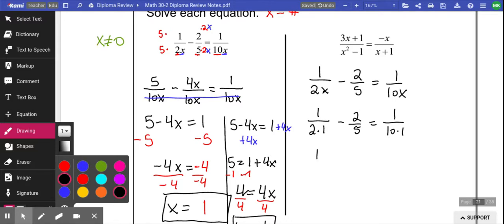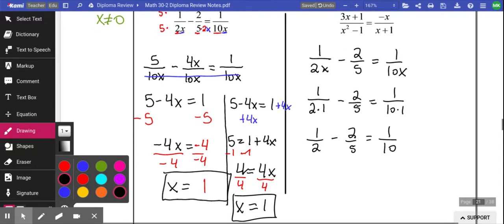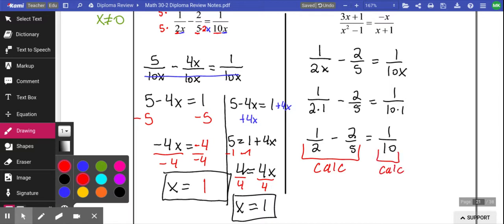That's 1 over 2 minus 2 over 5 equals 1 over 10. If you put that in your calculator and calculate both sides, you will get 0.1 equals 0.1. That's called verifying your solution. You take your answer, put it back into the original equation, calculate both sides, and prove that it's equal to each other.